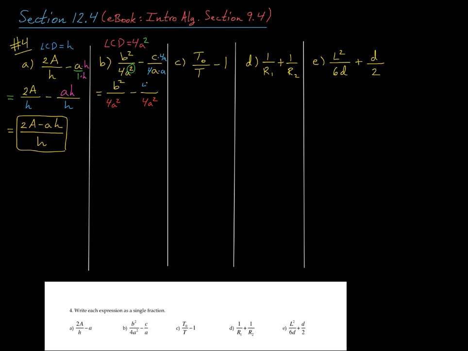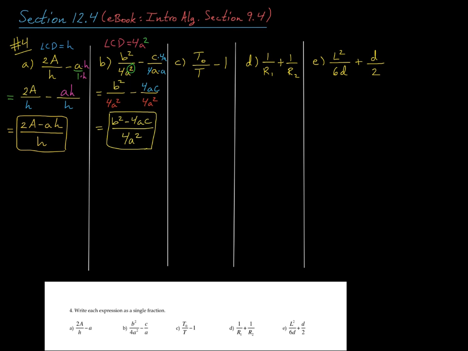So I'll write this as 4ac. Okay, so then subtracting, I'll get b squared minus 4ac, and then we're dividing all of that by 4a squared. All right, and that would be our answer for part B.